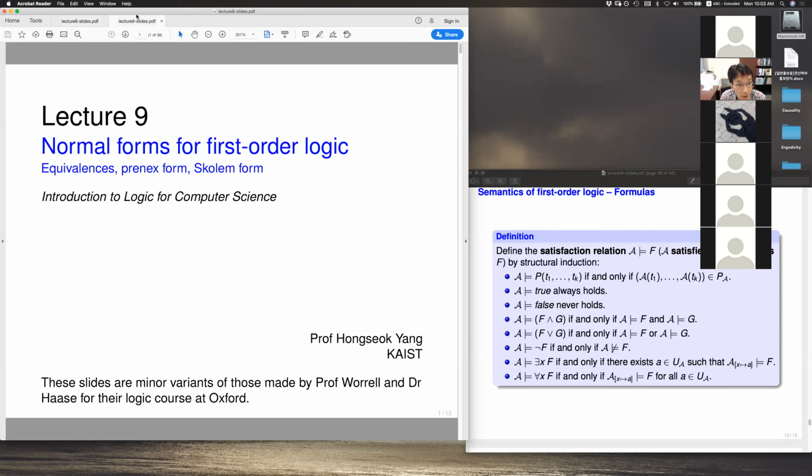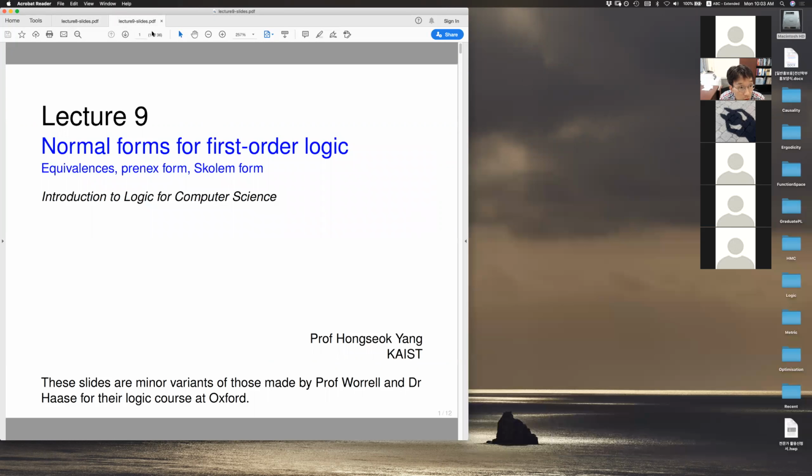Okay, so the next topic that we're going to cover is normal forms for first order logic. Some of the normal forms we're going to talk about, especially prenex form, are something that, as I said, you maybe already know in some sense. But Skolem form is perhaps a bit unusual, and Skolem form will play a very important role. The first step of an automatic theorem prover for first-order logic is to do Skolemization.